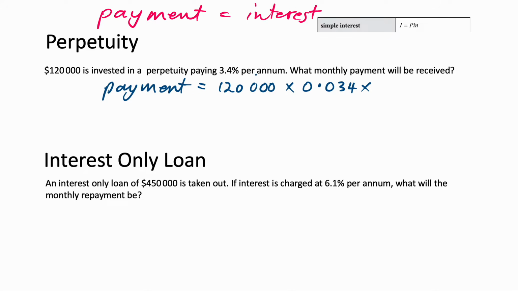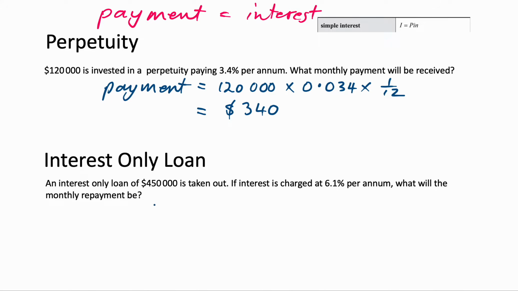So our interest rate is annual, so N should be years, so it'll be 1/12 of a year. When we calculate that, that comes out to $340. So that basically means you're going to get a payment of $340 every month for however long you have this $120,000 invested. And it won't go up in value, won't go down in value. At the end of every month, it's still worth $120,000.